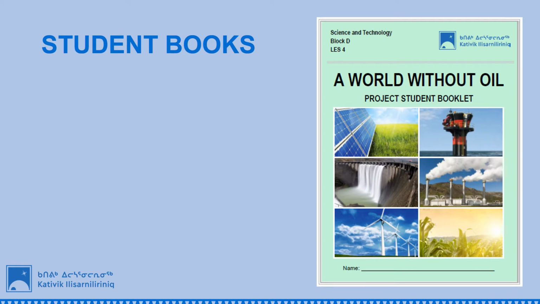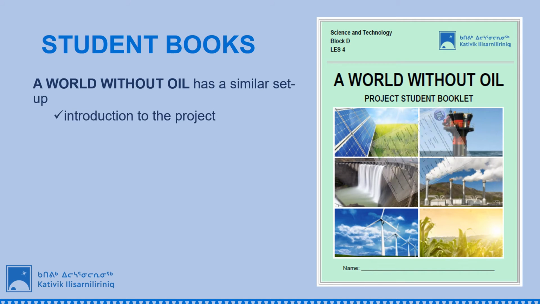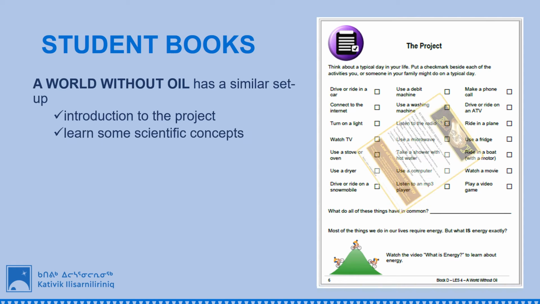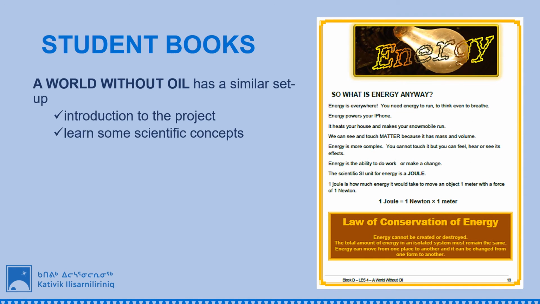Although the project differs considerably in A World Without Oil, the flow of the student book is very much the same. Students are introduced to the project. Then they'll learn some scientific concepts needed for the project.